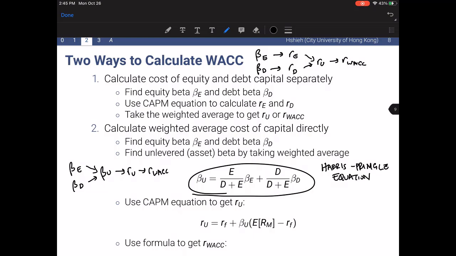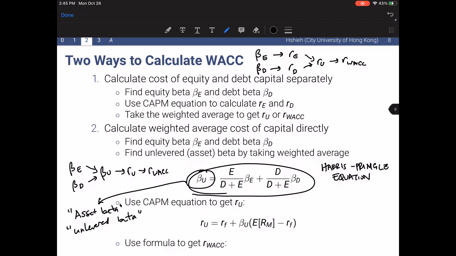All right, and also let me give you the names of beta U, and of course from textbook to textbook they may use different names. So beta U is sometimes called the asset beta, or more directly the unlevered beta. And remember, unlevered here means not net of liabilities.